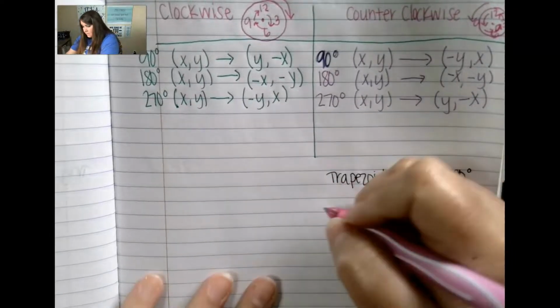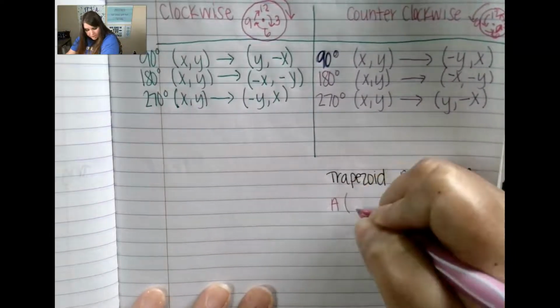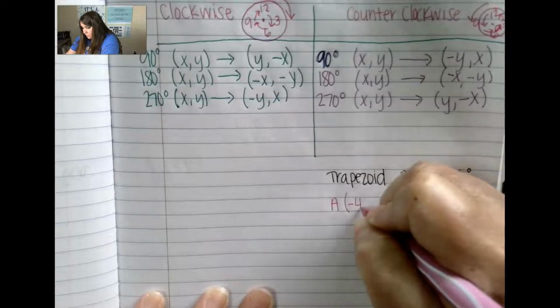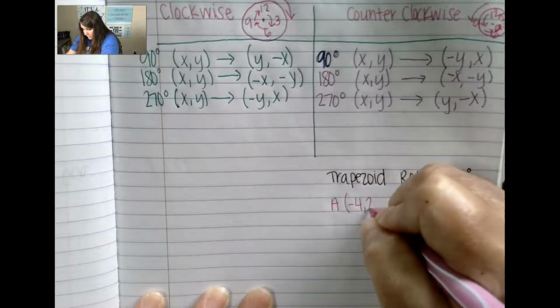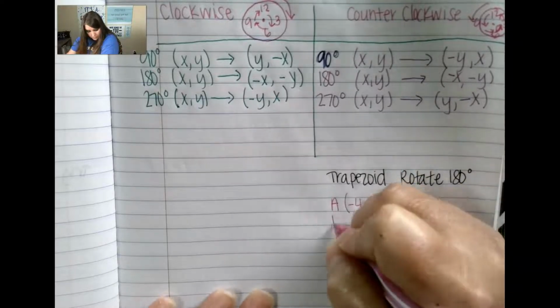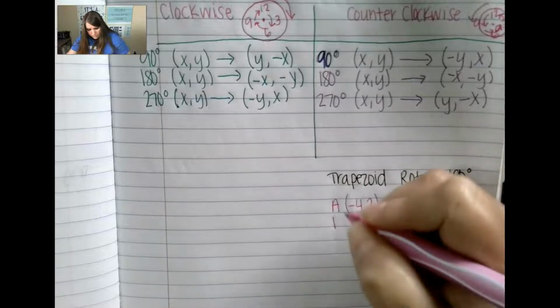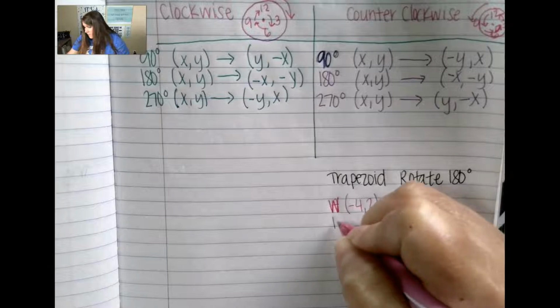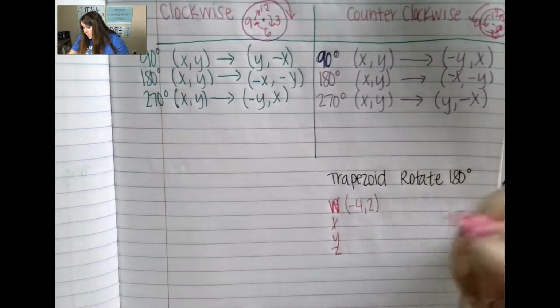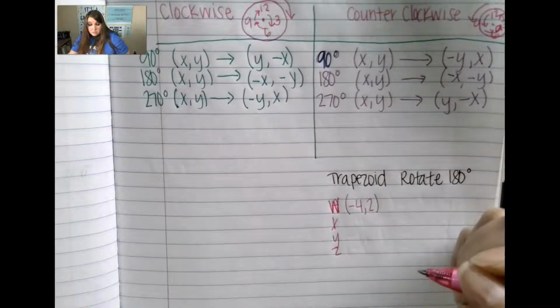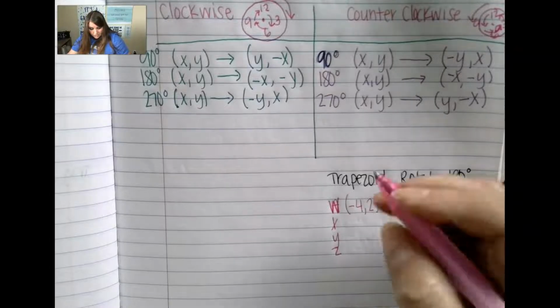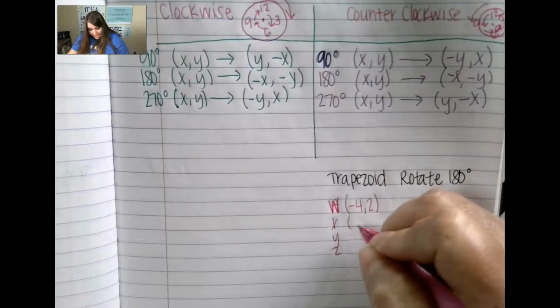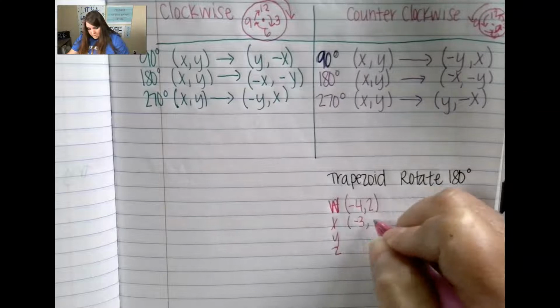So we're going to start with the trapezoid. And the points that we have are the A value is -4, the Y is 2. Oh, I'm sorry. This trapezoid is actually W. Okay, W, X, Y, and Z are our trapezoid points. Point X is -3, 4.